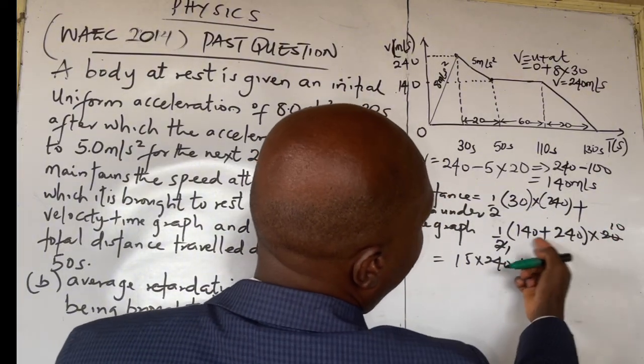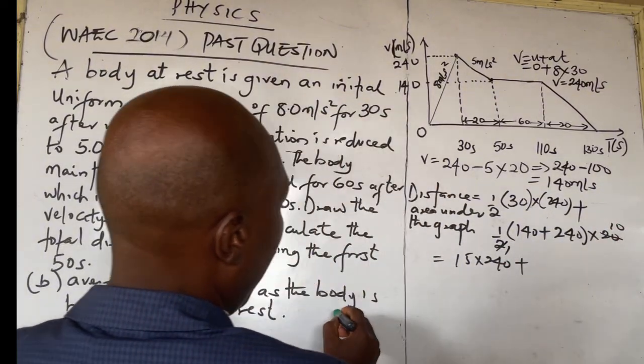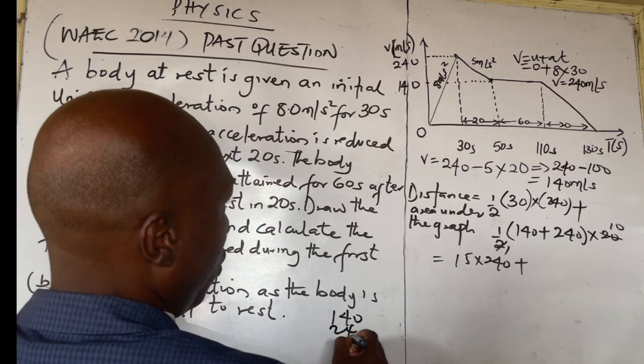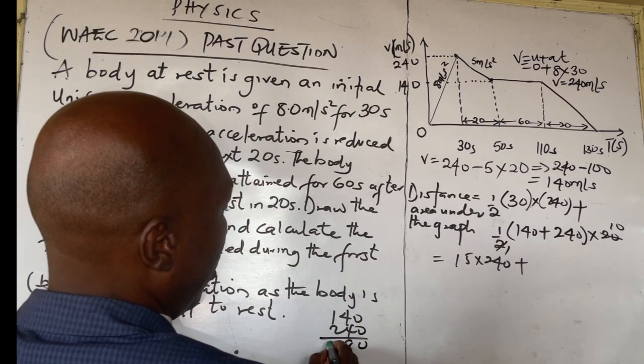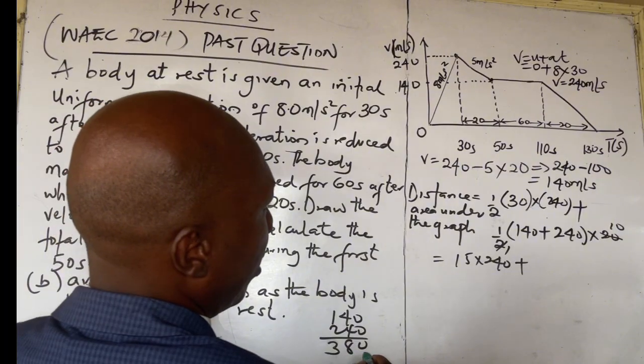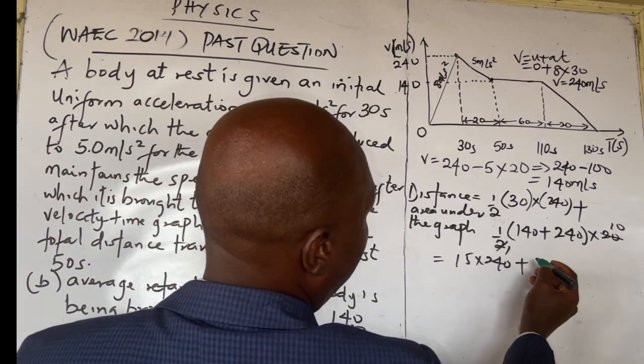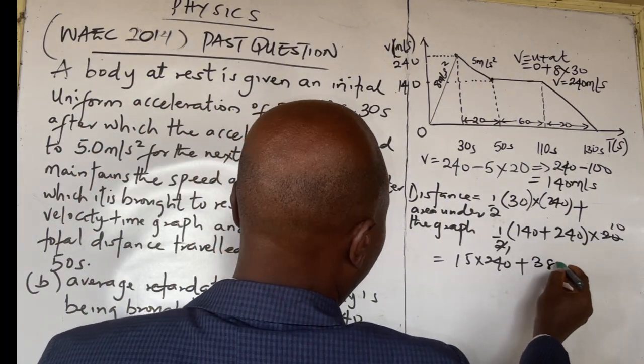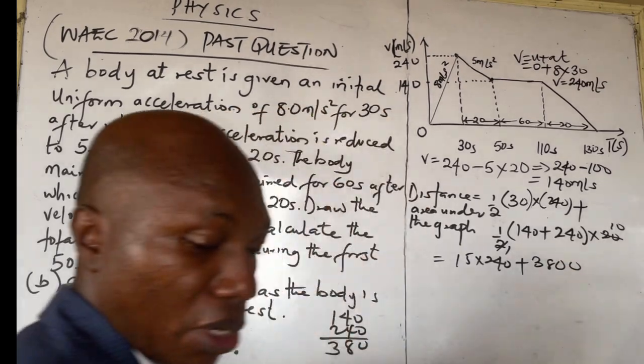So let's add this up now. 140 plus 240, that's 380. So 380 times 10 is 3,800. So let's finish this up.